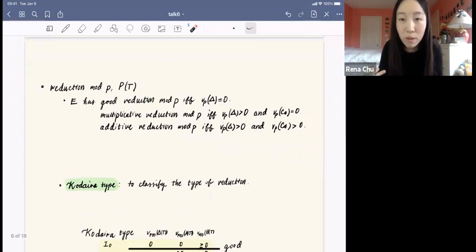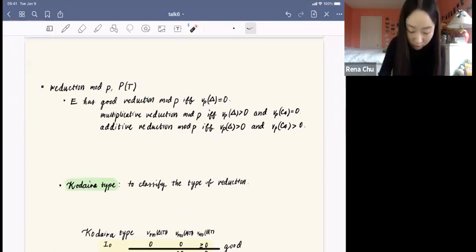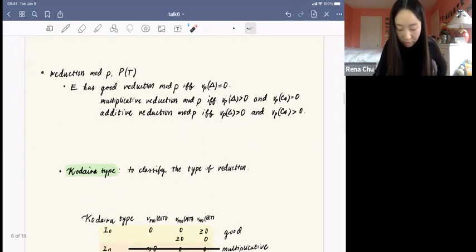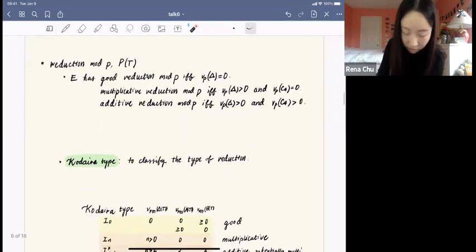For the purposes of our study, however, we want a finer classification of the reduction types, and here we introduce what is called the Kodaira type. And this classification depends on the evaluation of the discriminant and of the coefficients at the polynomial P(t).